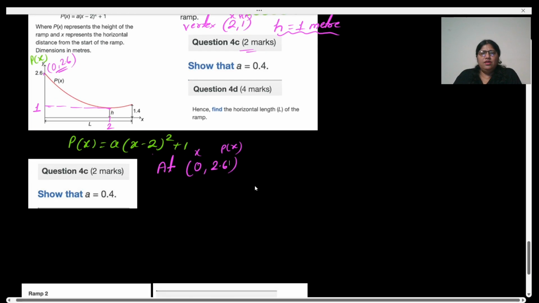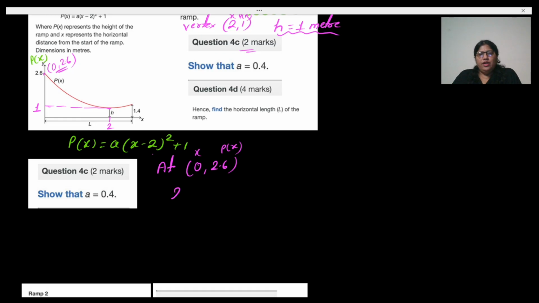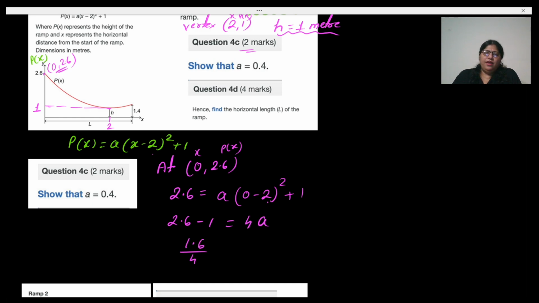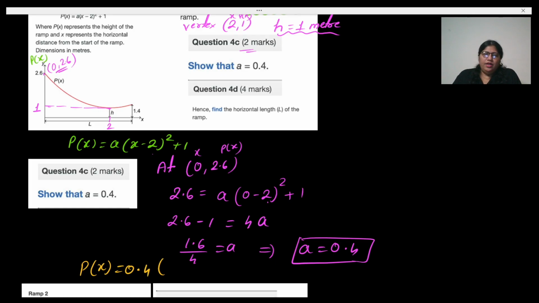Substituting in the function, the y coordinate is 2.6, which is P(x), a times (0 minus 2) whole squared plus 1. So 2.6 minus 1, and (0 minus 2) is minus 2 whole squared, which is 4a, and 1.6 by 4 equals a. So a is going to be 0.4. So you reach the value a equals 0.4. That is why your function will now be 0.4 times (x minus 2) whole squared plus 1.